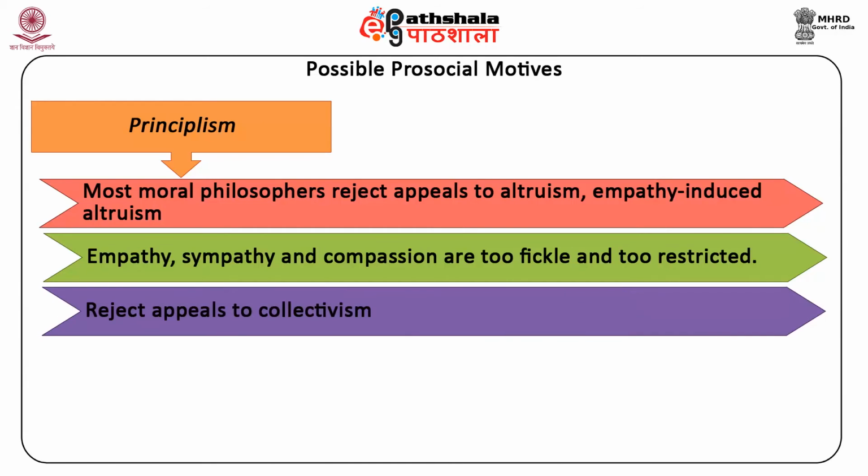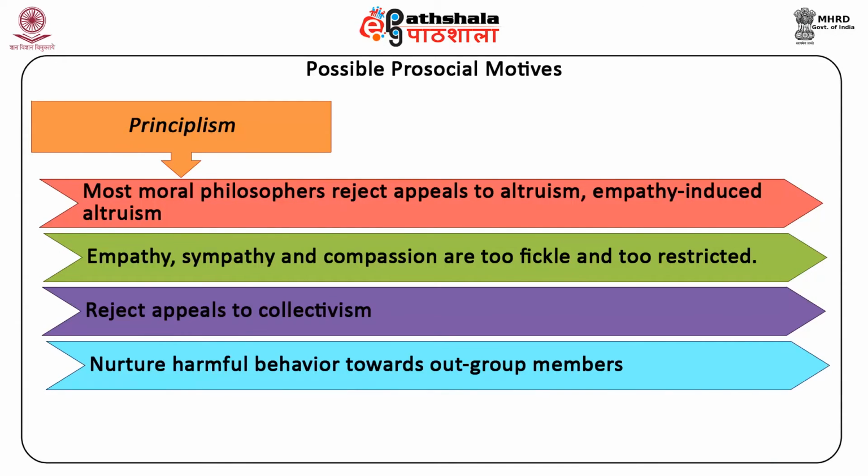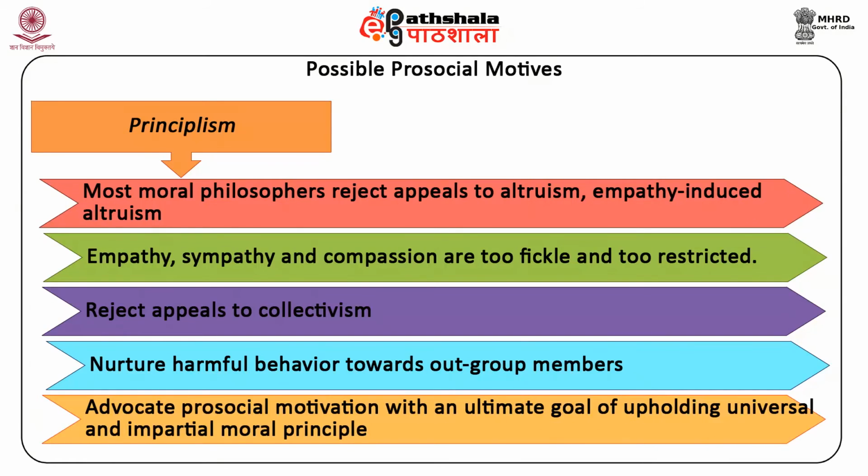They also reject appeals to collectivism because group interest is bounded by the limits of the group, and can therefore nurture harmful behavior towards outgroup members. Therefore, the moral philosophers advocate prosocial motivation with an ultimate goal of upholding universal and impartial moral principles such as justice. This is what has been termed principalism.